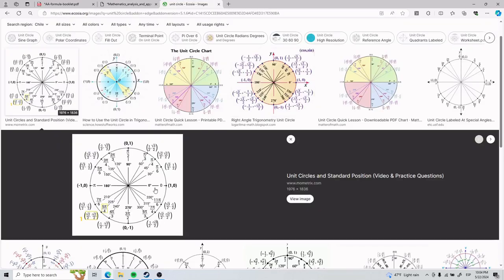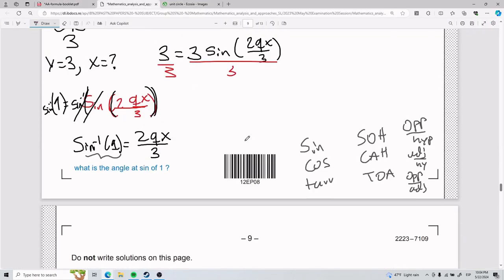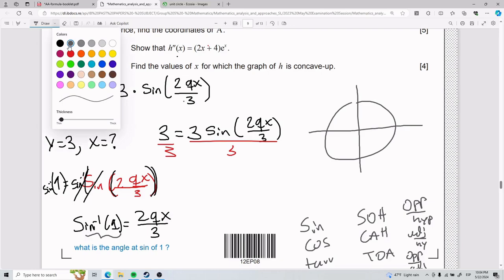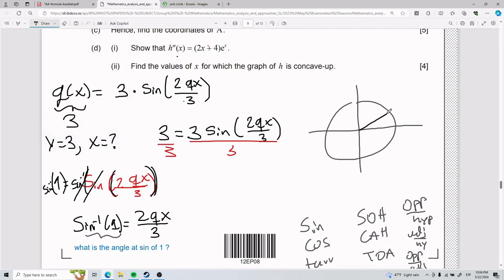And so your unit circle is actually filled with a bunch of different triangles, see? If you go ahead and draw the unit circle just for a second here, you're going to notice that there's a bunch of different triangles that show up at all these different key angles that they're throwing at you.